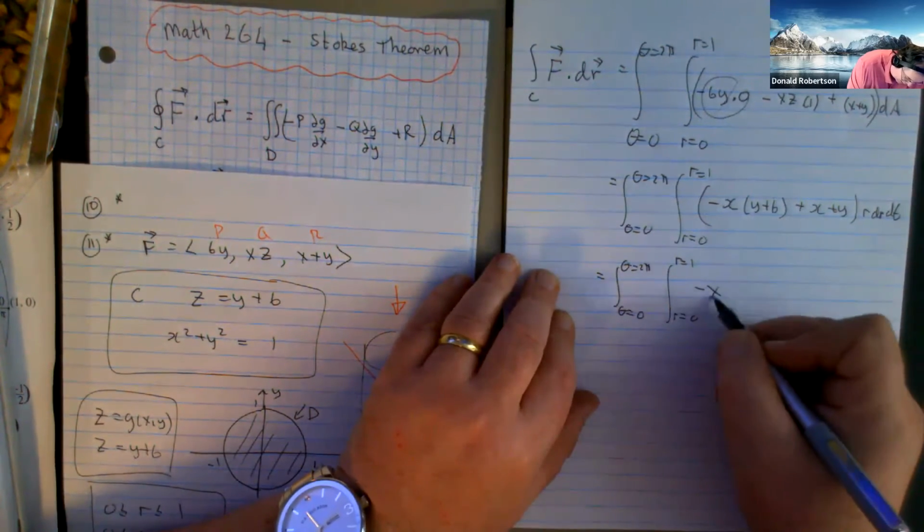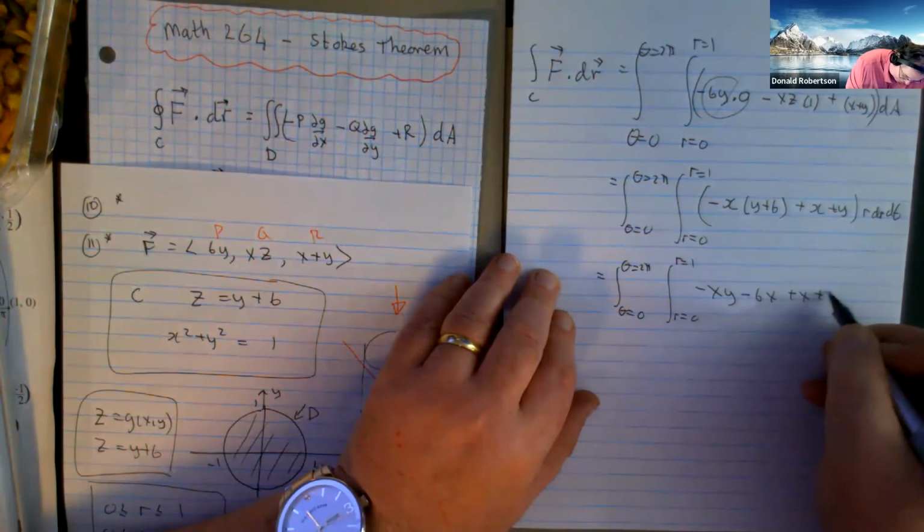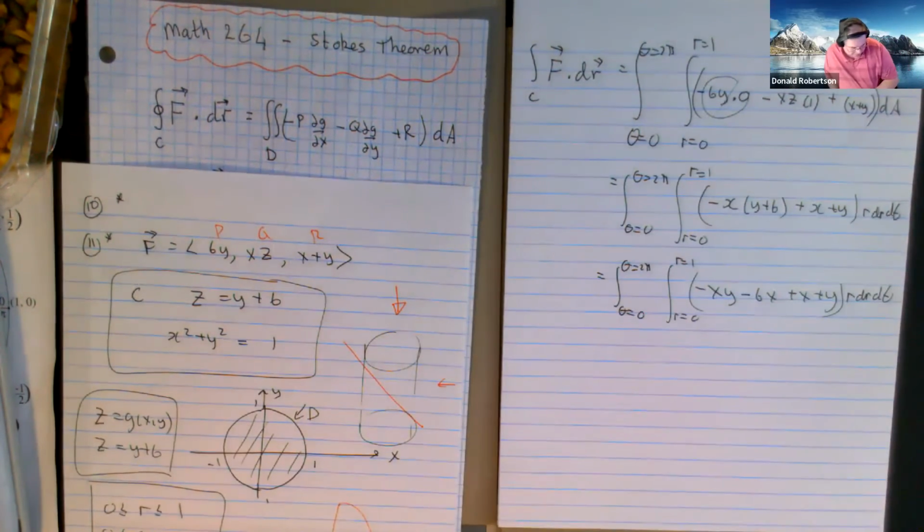It looks like I get a negative xy, a negative 6x, an x and a y, and I'm going to do an r dr d theta. And anything obviously missing? Nah.